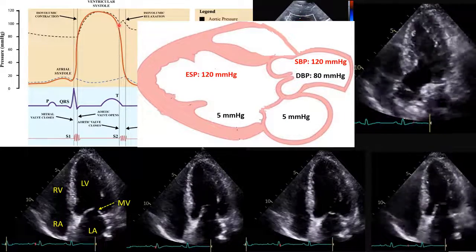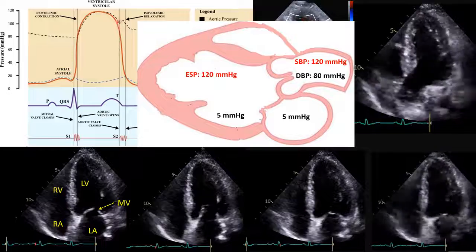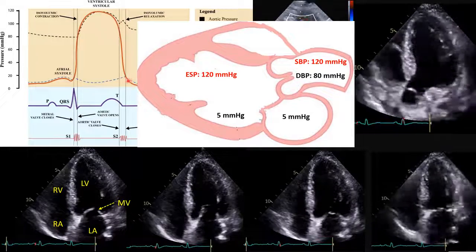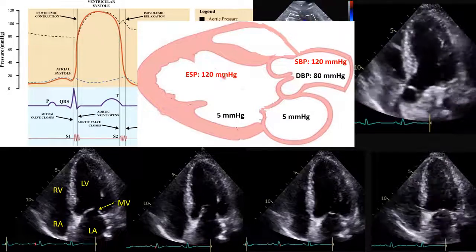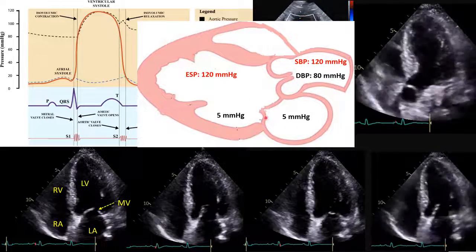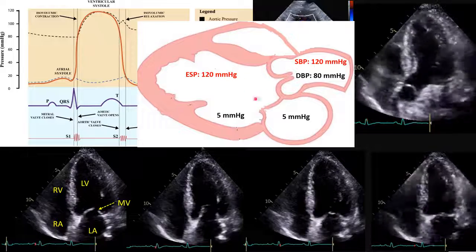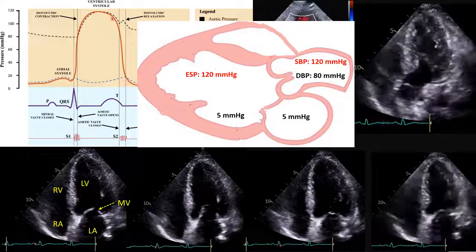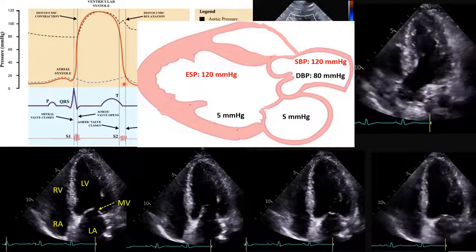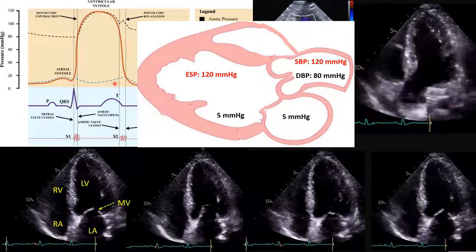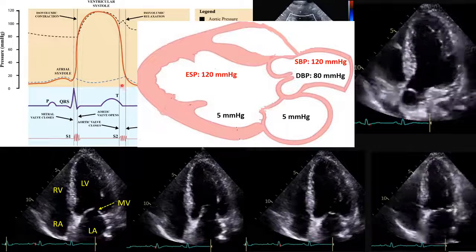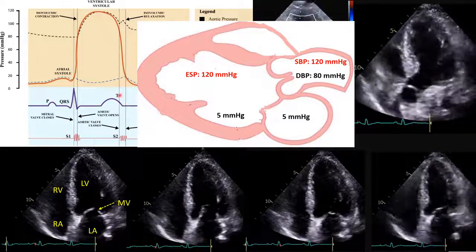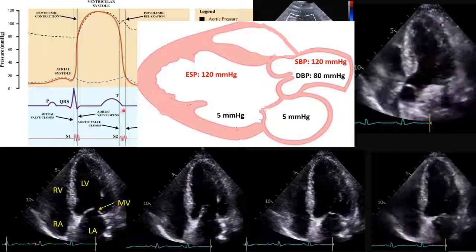As you can see, during this time, from closing of the aortic valve until the mitral valve opens, there is no blood going in or out of the left atrium or left ventricle. This phase of the cardiac cycle we call isovolumetric relaxation time, and it corresponds to around the end of the T wave.